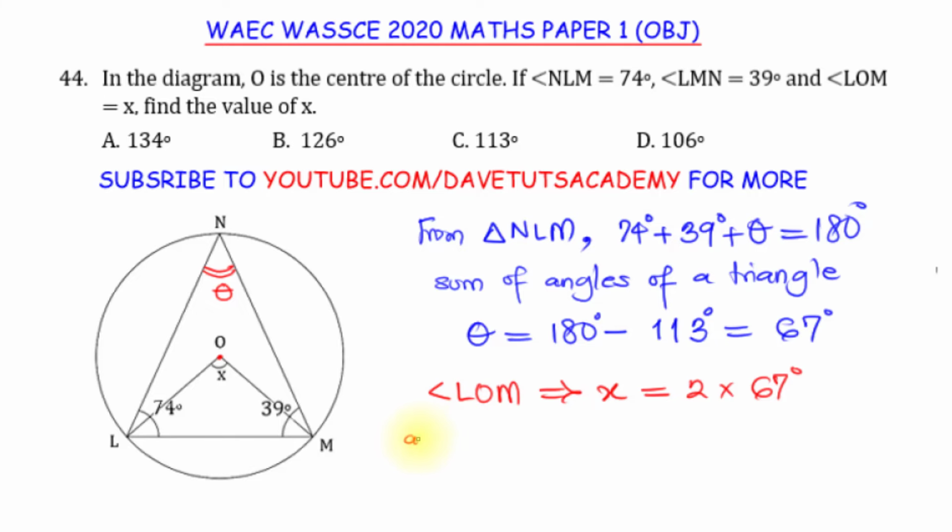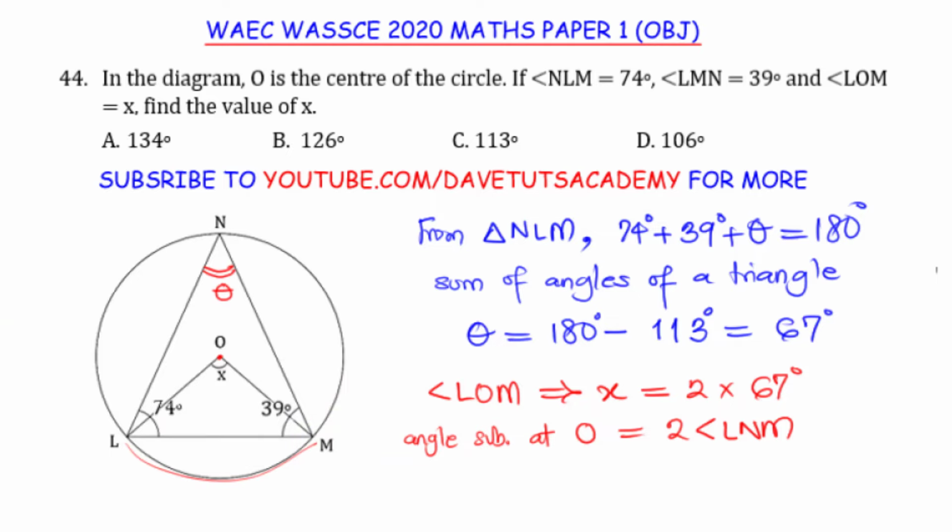Because the angle subtended at the circle center at O is twice angle LNM that we just found to be 67, and that is one of the postulates of the circle theorem: the angle subtended by an arc, this arc LM, at the center of the circle, that is at x, is 2 times the angle that subtends at the circumference. You can see for both angles we are starting at LOM, and the other one LNM.